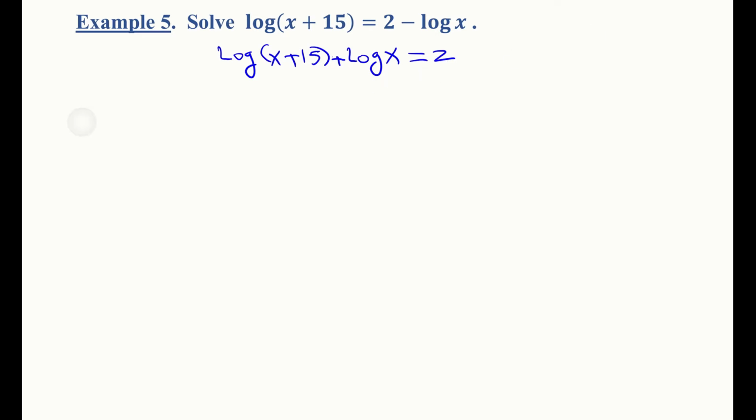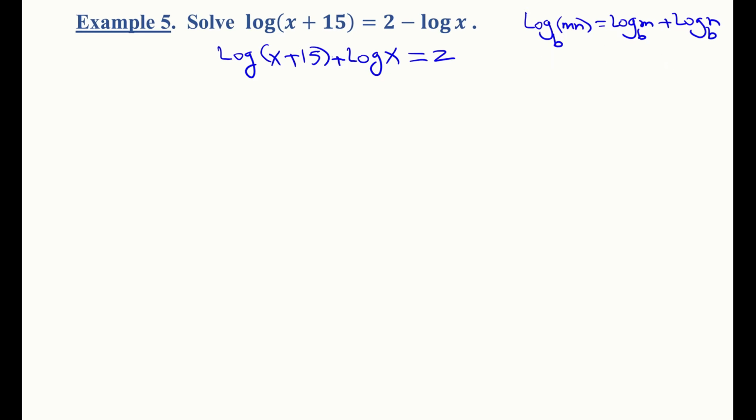So now we go ahead and apply the product rule. Remember, log base b of mn is equal to log base b of m plus log base b of n. So we're using the product rule going from right to left.